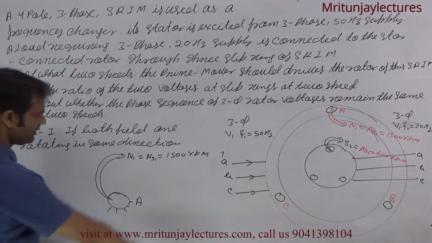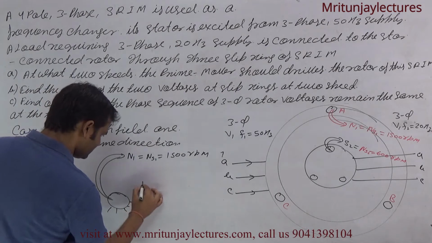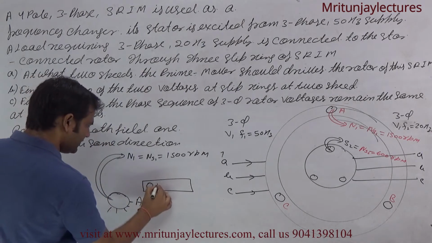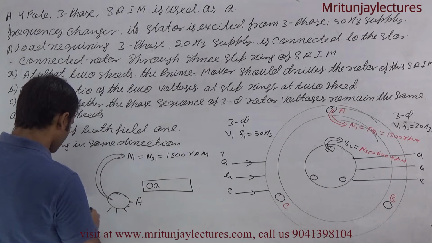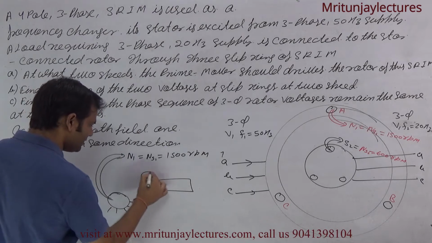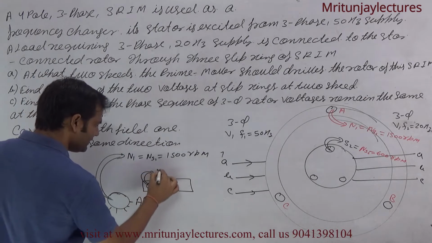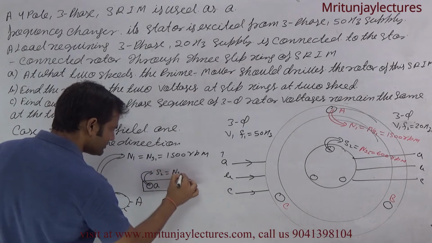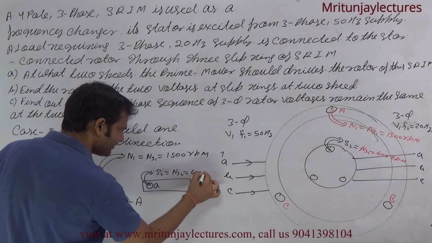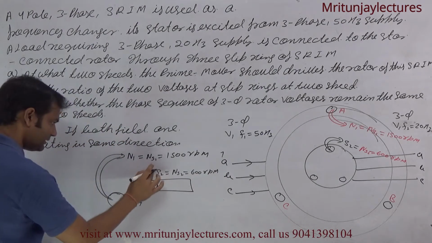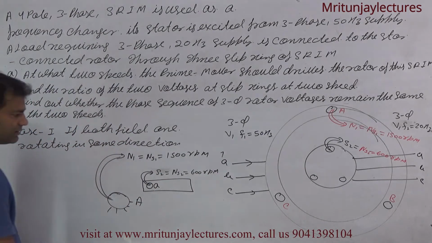Now this one is the rotor, that is the rotor winding, like this. If you sit on the rotor and see the rotor field with respect to the rotor winding, that is S2, which is equal to NS2, how much? That is 600 RPM, clear? Okay, that is 600 RPM.